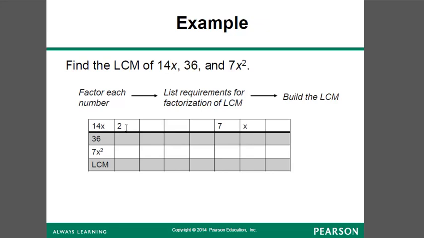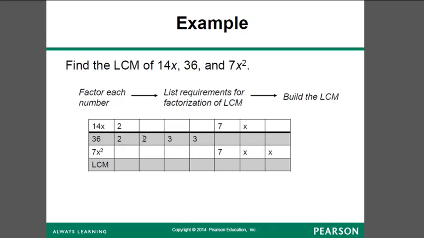Well, 14x is the same thing as 2 times 7 times x. Notice I've placed each number in its own column. 36 is the same thing as 2 times 2 times 3 times 3. 7x squared is the same thing as 7 times x times x.